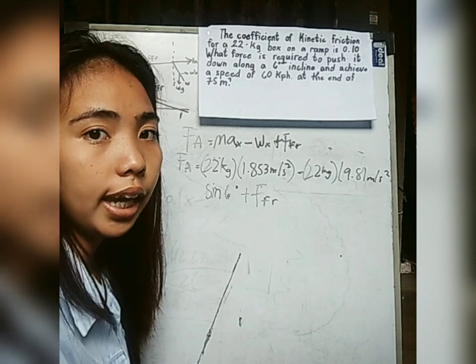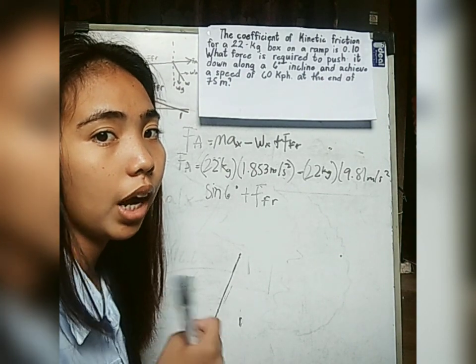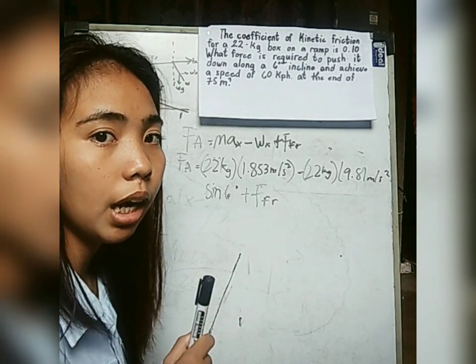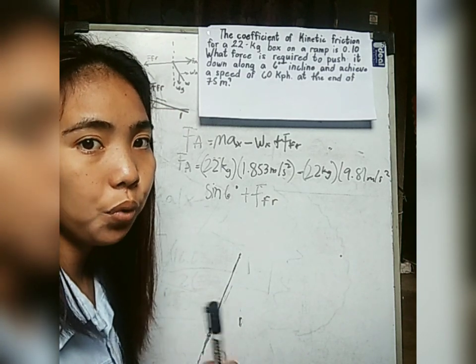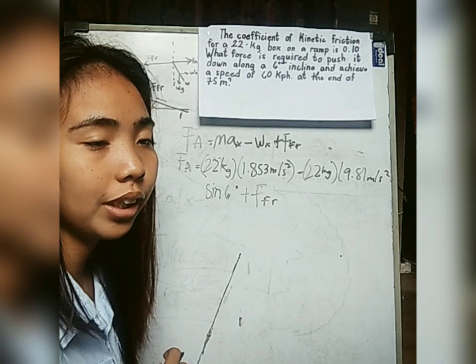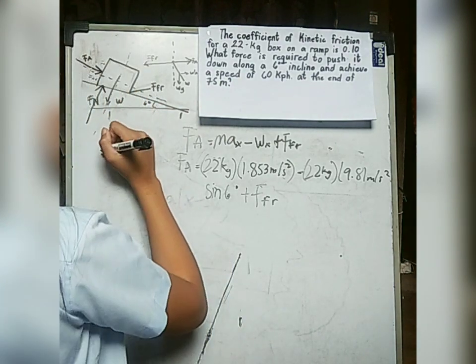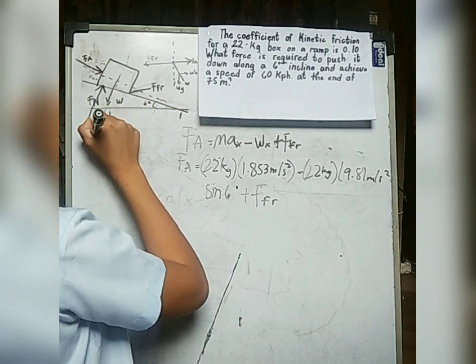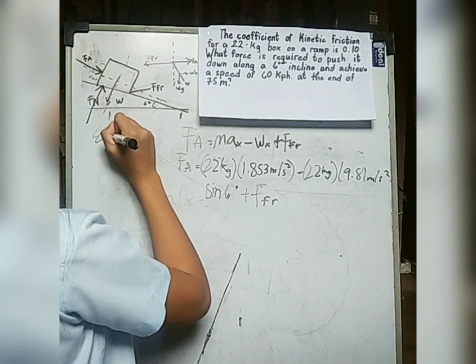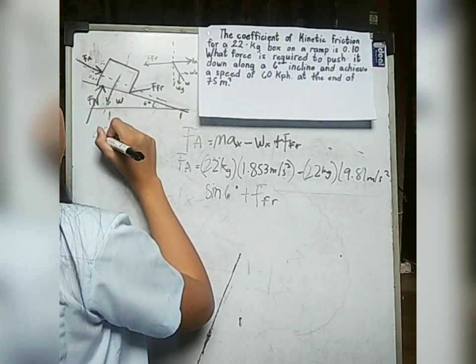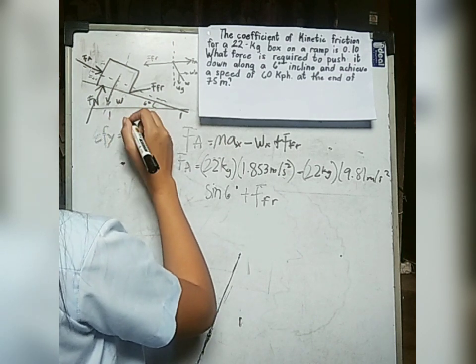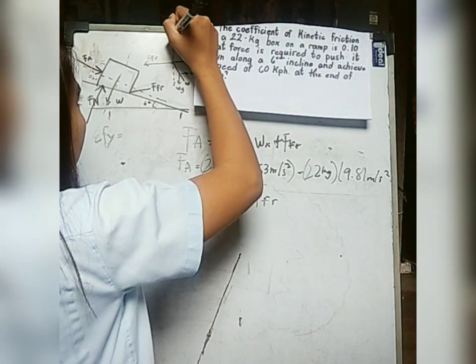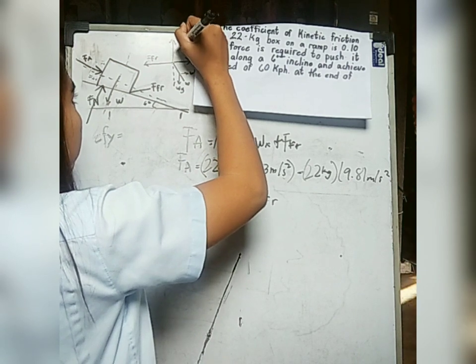Now, yung friction is hindi pa natin alam yung value. Kasi hindi pa natin alam yung value ng normal force. So, kukunin muna natin yung value ng normal force. So, summation of Fy is equals to summation of forces that act on y direction is equals to, nandito yung normal force.